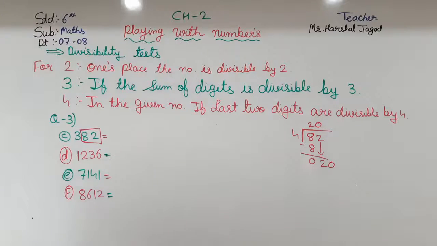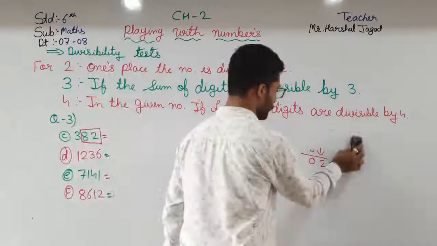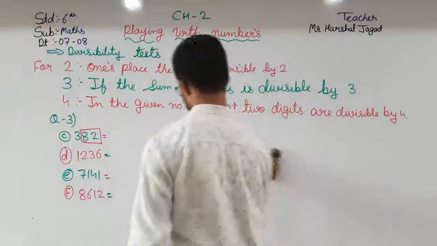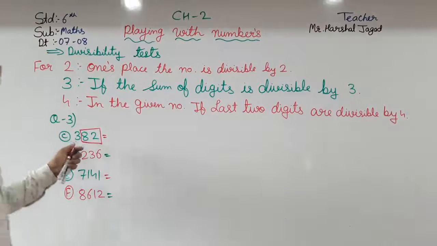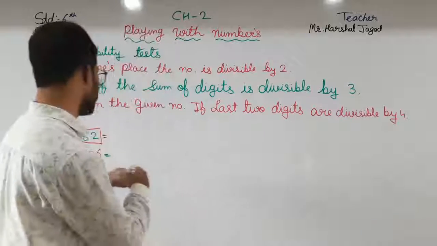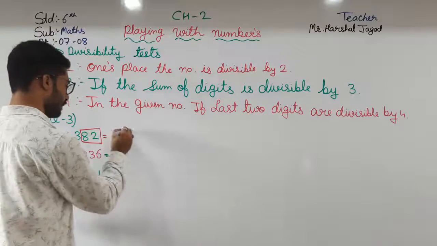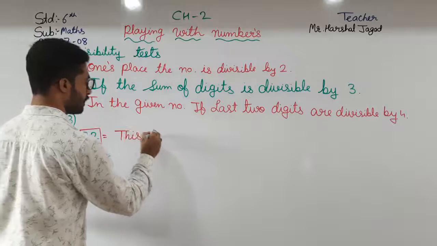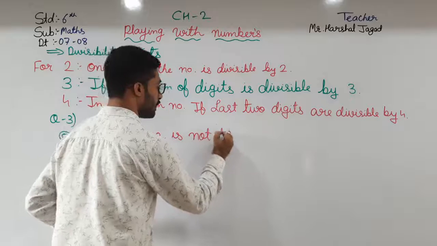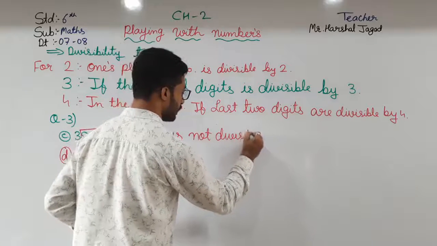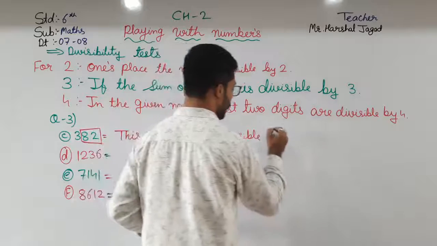So 82 is not divisible by 4, and this number is not divisible by 4.